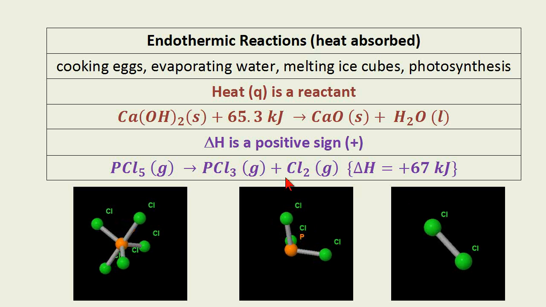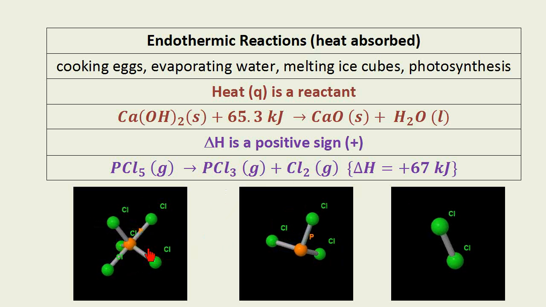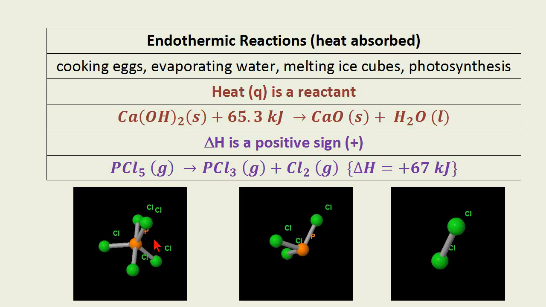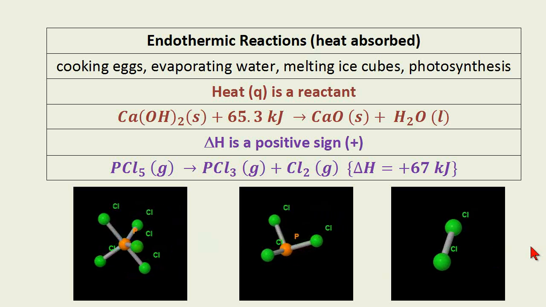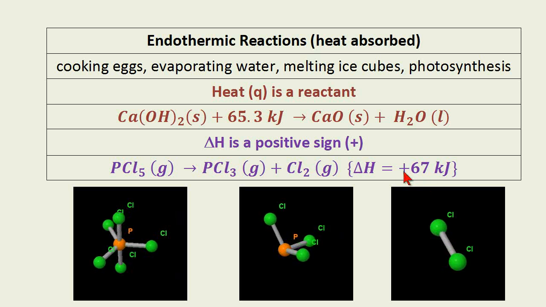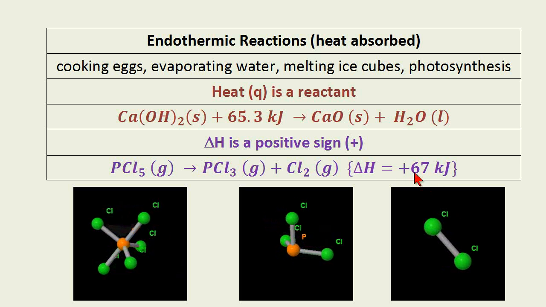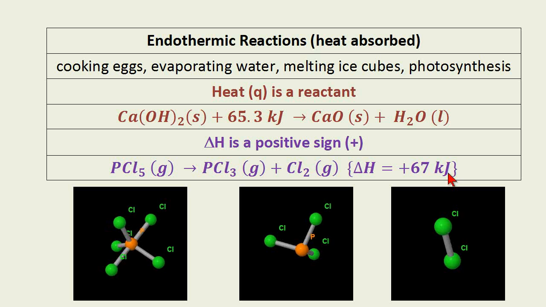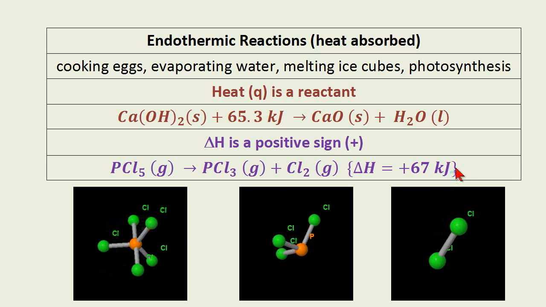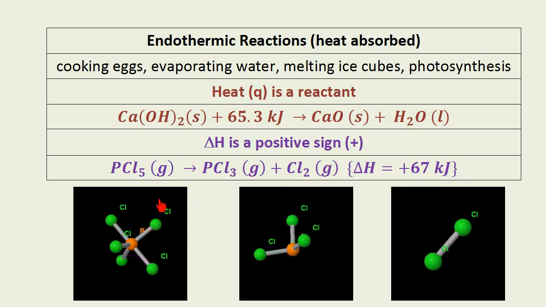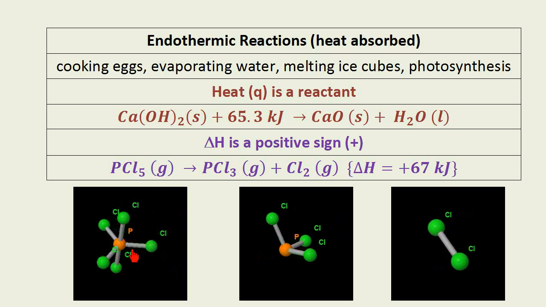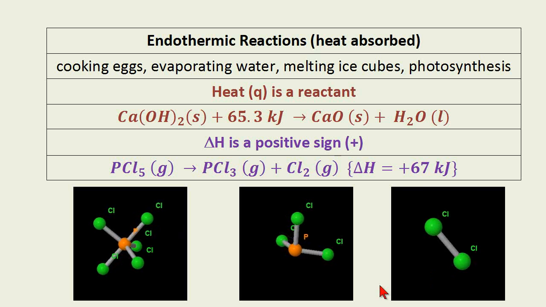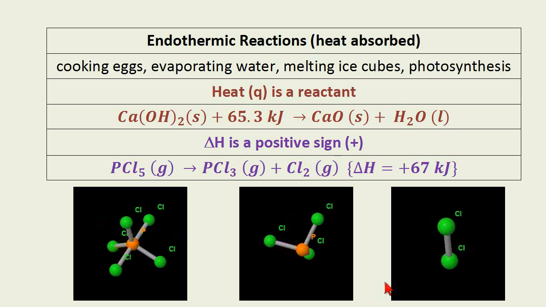And actually all of these are gases. And you can see how this more complex molecule is broken down into these simpler molecules. And it says here on the right, delta H is 67 kilojoules, which is not very much energy, is added on the reactant side of the equation. And since it's added here, it's decomposed into these two molecules.